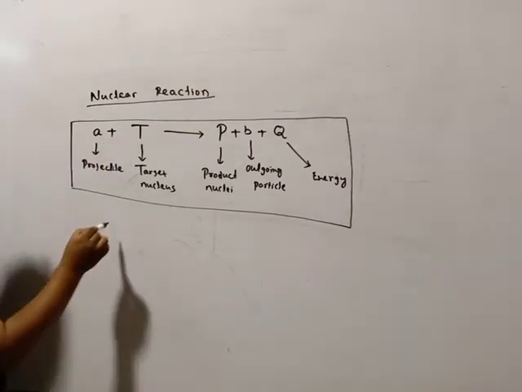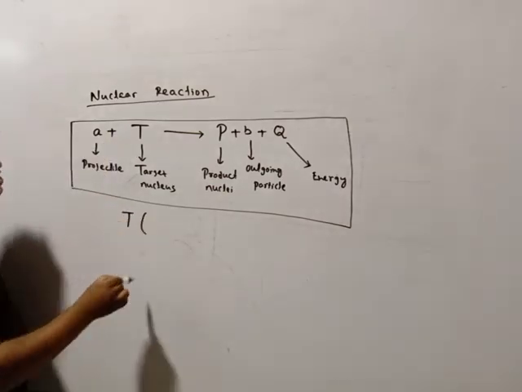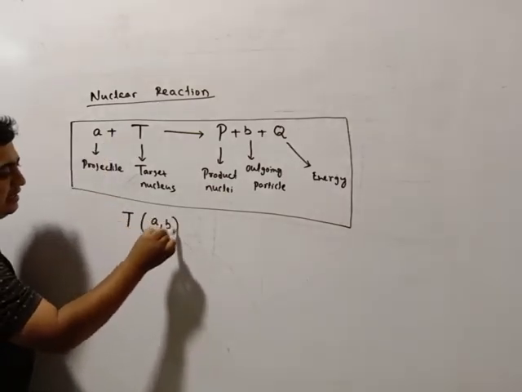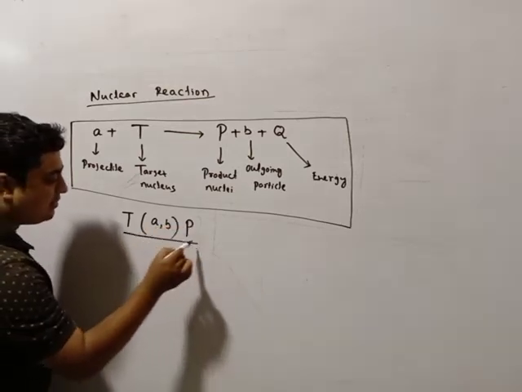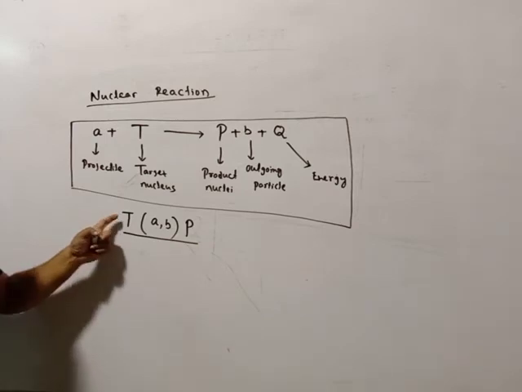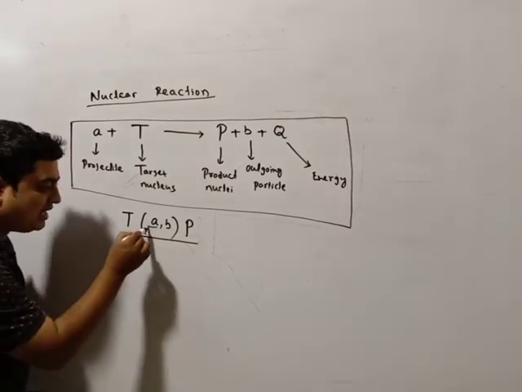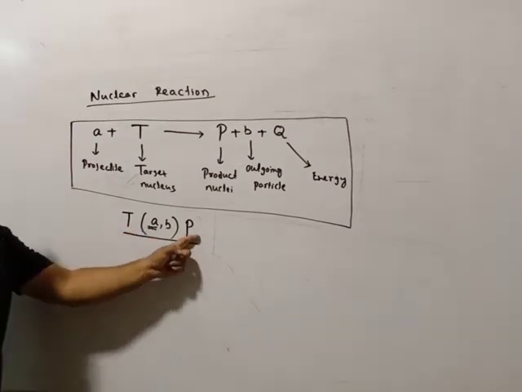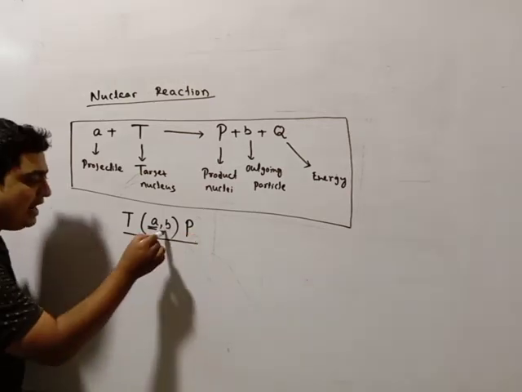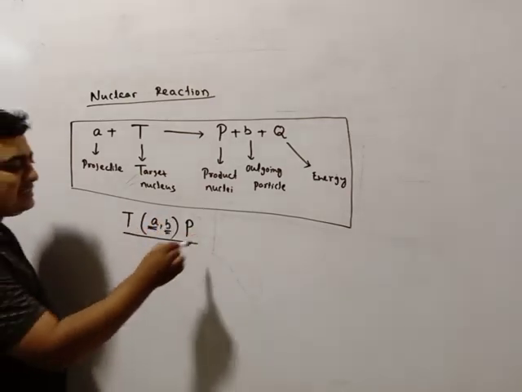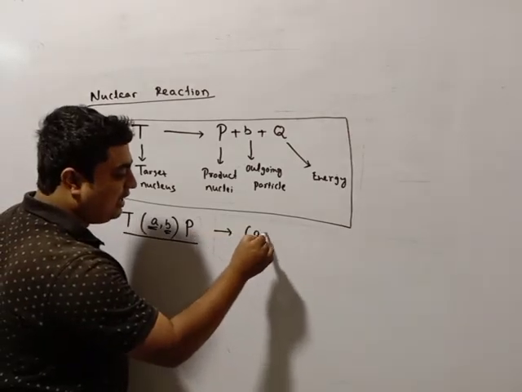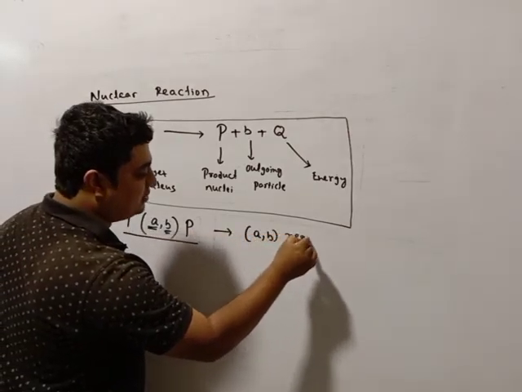Now, this reaction is written as T(A, B)P. That means a target nucleus bombarded with a projectile A gives a product P and an outgoing particle B. This reaction is called an (A, B) reaction.